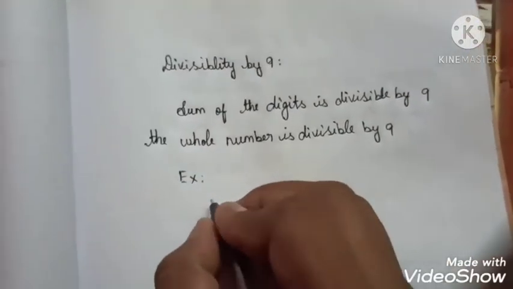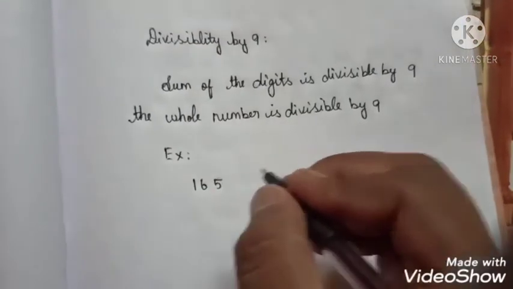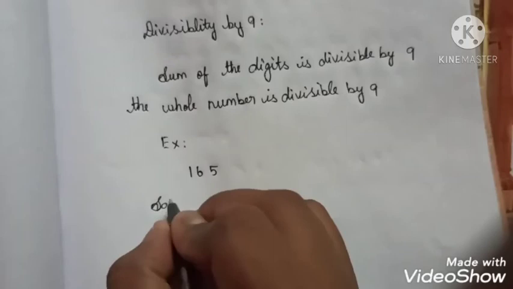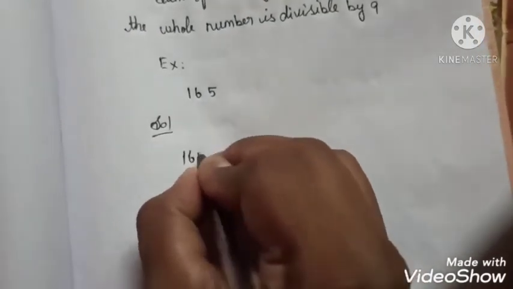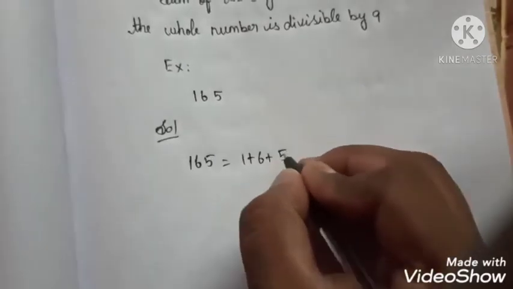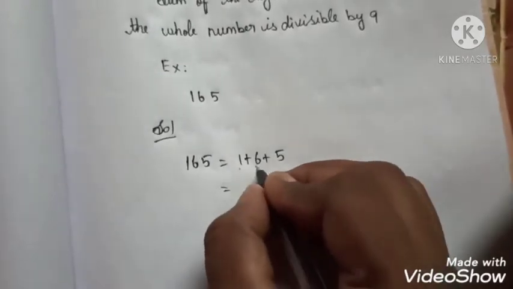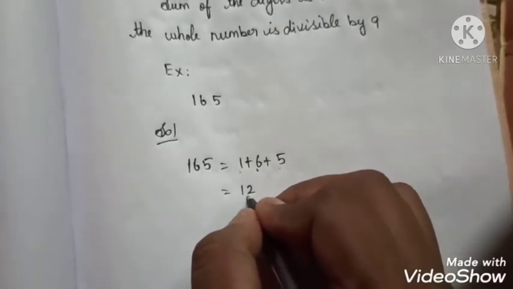The first question, 165. I will check. Solution. 165 is equal to 1 plus 6 plus 5. 1 plus 6 is 7, 7 plus 5 is 12. You see 1 nine is 9, 2 nines are 18.